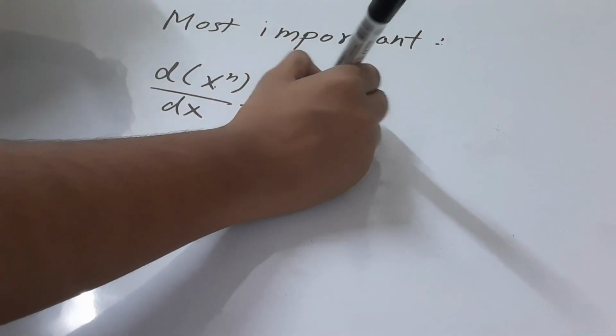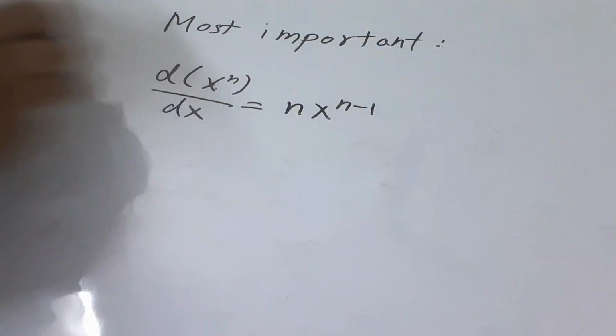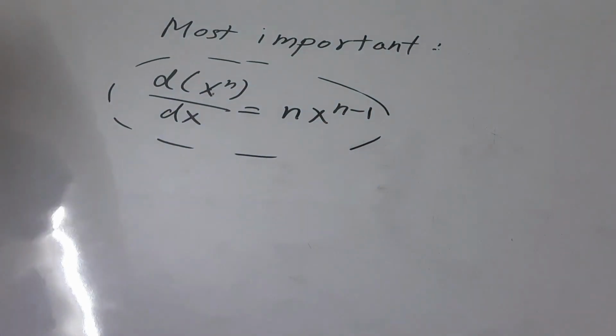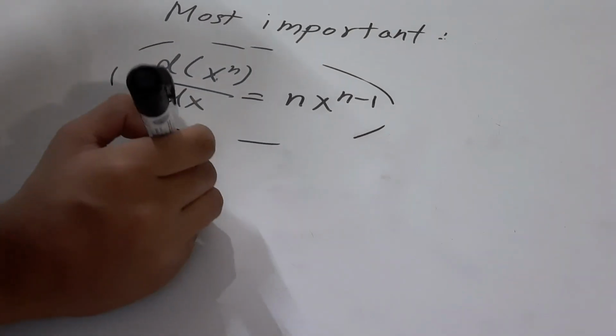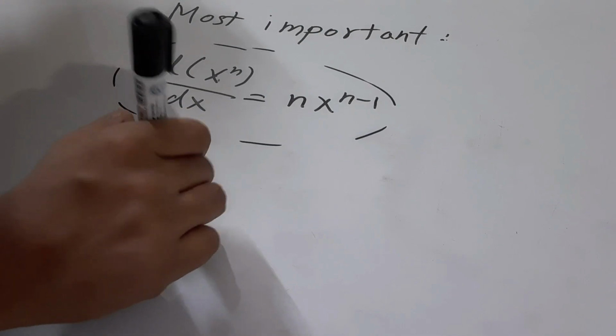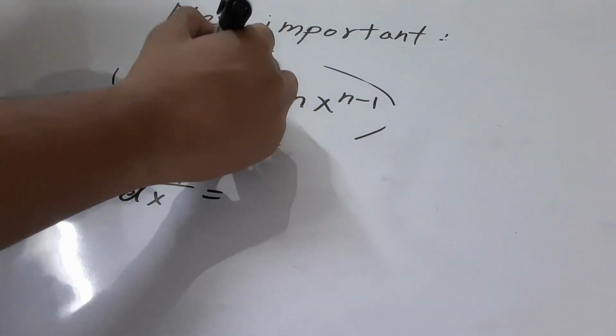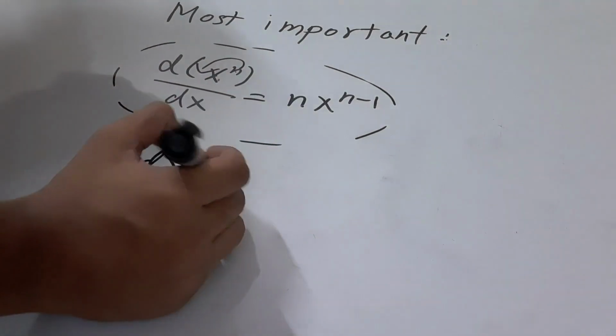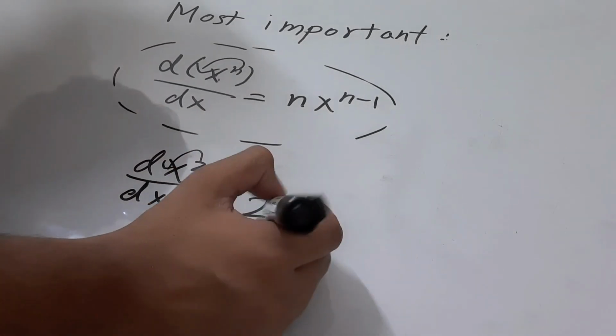This is the formula you're going to use most of the time, and we can verify it with d of x squared upon dx. The 2 comes before x, and 1 is subtracted from 2, so the power is 1, which gives 2x.